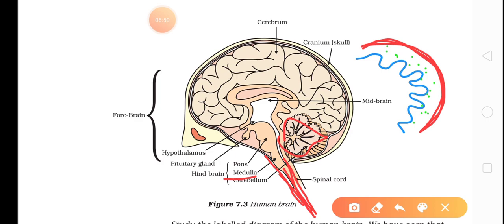Here you can see this is your cranium and this is your forebrain part. Between them we have a fluid.